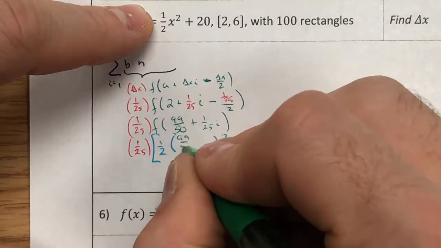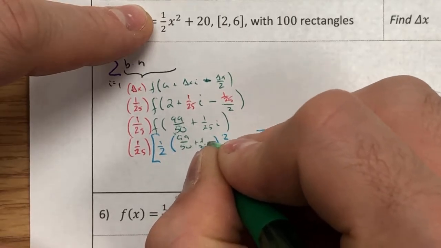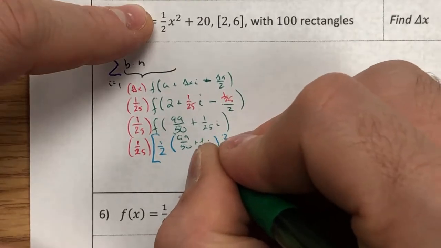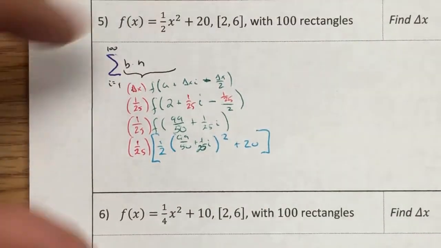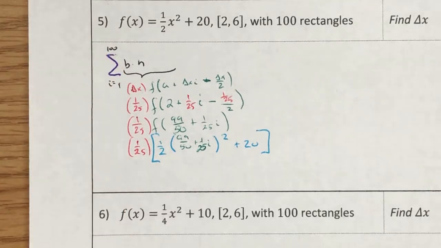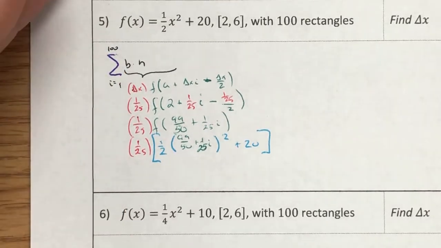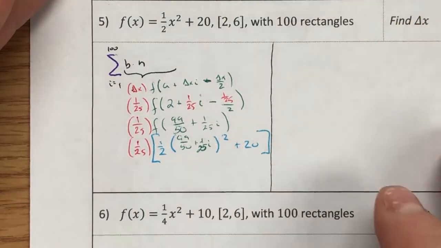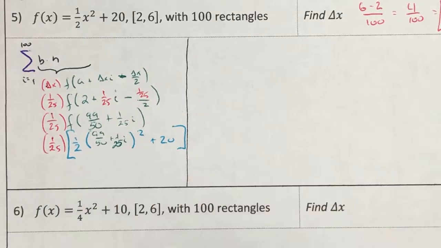That is 99 over 50 plus 1/25th i. Probably should be writing that term in front, but oh well. Cool. So that gets to the point where we're going to go ahead and simplify what that is going to be. So my simplifying what that is going to be is going to happen right here.